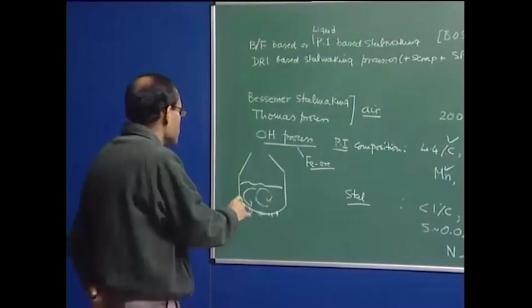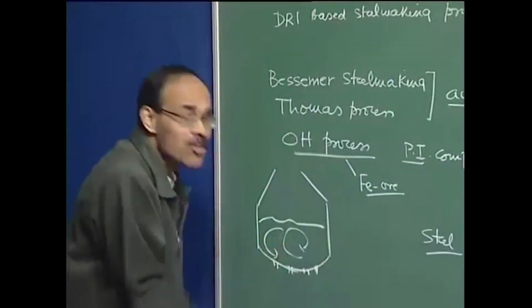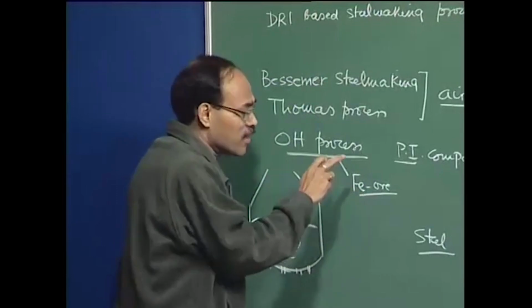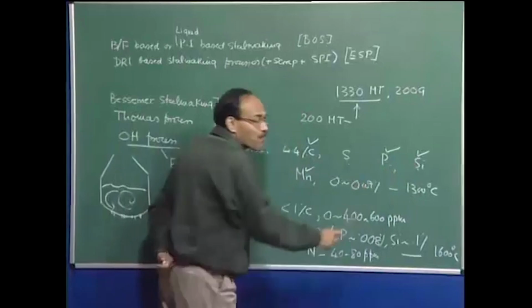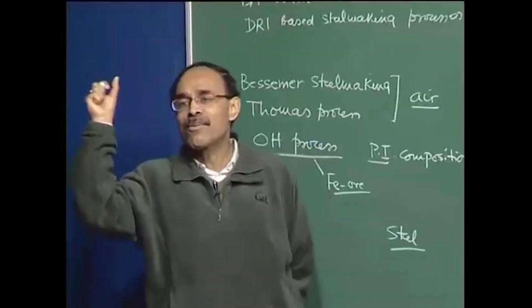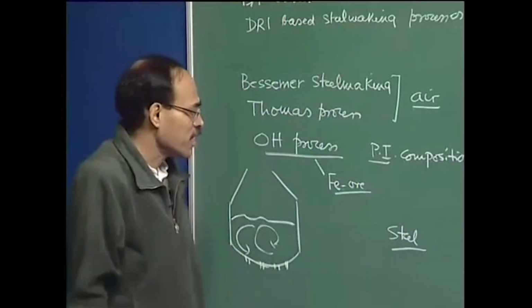In the open hearth process, we have no oxygen pumping, so oxygen is supplied from the iron ore. That oxygen reacts with phosphorus and silicon to become phosphorus pentoxide and silicon dioxide, which then react with lime in the slag and form calcium silicate, calcium phosphate, and so on.